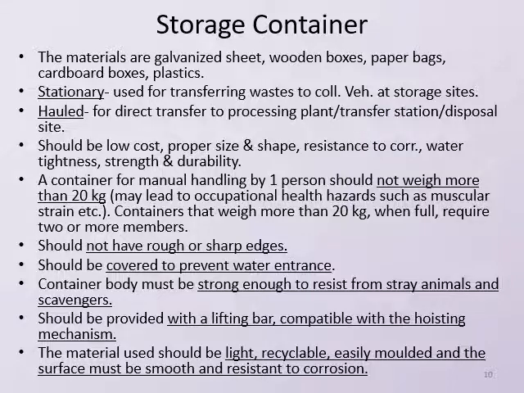In the case of a hauled container, the collection vehicle will come, and the container will be lifted and hauled, meaning transported to the next transfer station or processing point or disposal site, and at the storage site, a new emptied, cleaned storage container should be placed.